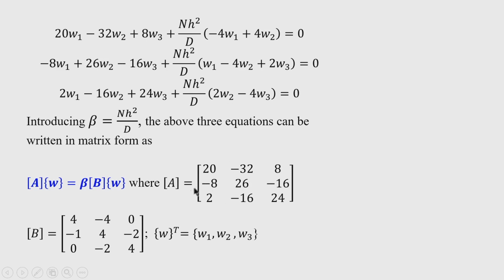So, after writing this, the B equations are written as the coefficients of W 1, W 2, W 3 obtained from the in plane force part, okay, and that is obtained for the plate bending part.